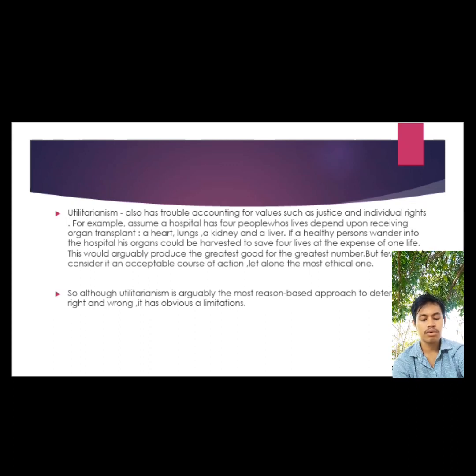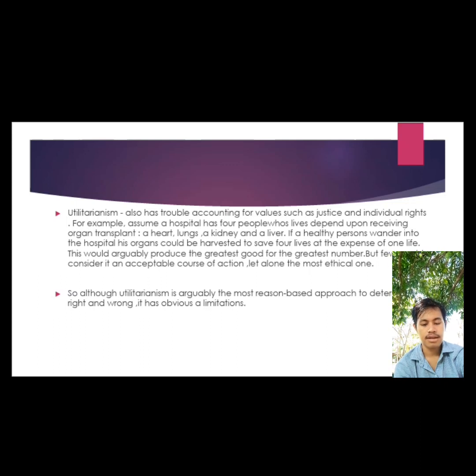Utilitarianism also has trouble accounting for values such as justice and individual rights. For example, assume a hospital has 4 people whose lives depend upon receiving organ transplants: a heart, lungs, a kidney, and a liver. If a healthy person wanders into the hospital, his organs could be harvested to save 4 lives at the expense of 1 life.